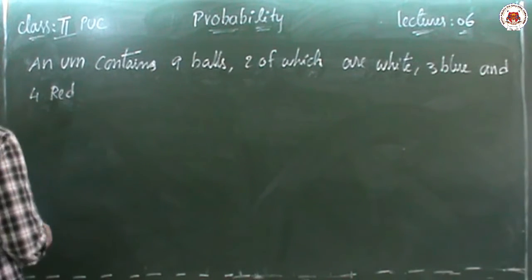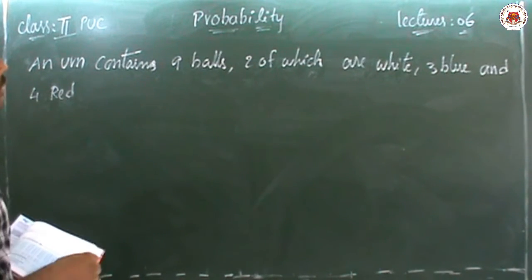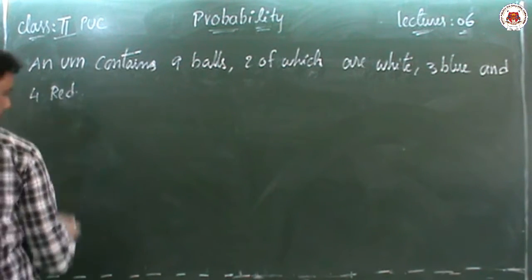An urn contains 9 balls, 2 of which are white, 3 blue and 4 red color.